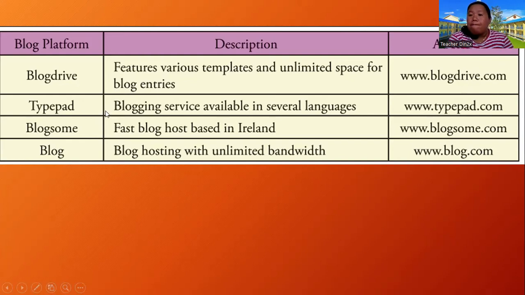We also have TypePad, a blogging service available in several languages, typepad.com. Blogsum, a fast blog host based in Ireland, blogsum.com. And blog hosting with unlimited bandwidth is www.blog.com. Those are the blog platforms that you may use in the future.